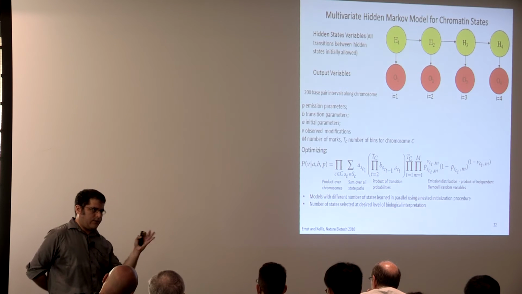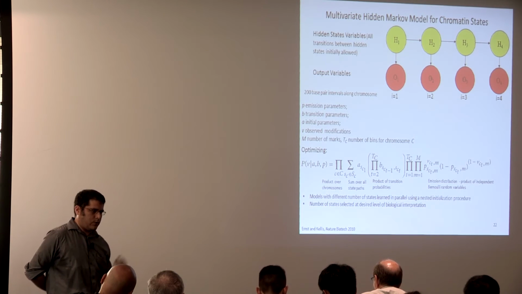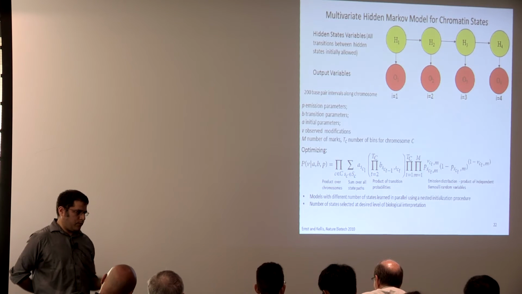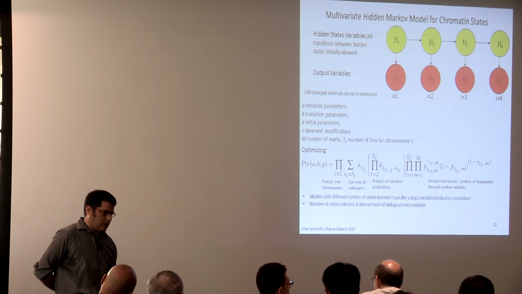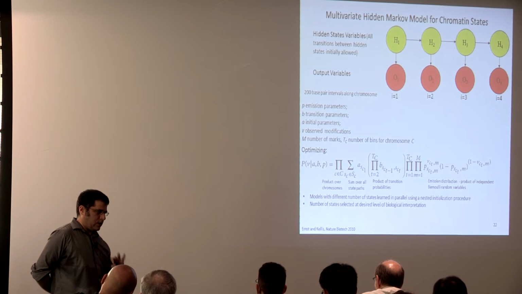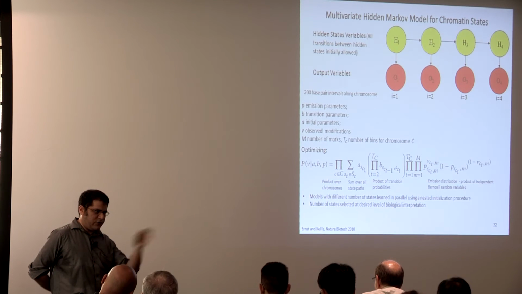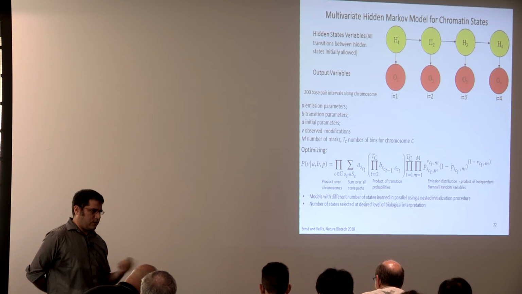For one given data set, it's not always the best number of states, because depending on the resolution of interpretation, in some analyses it could be better to use one number or a different number. But one thing I'll point out is that oftentimes you can identify specific states that have very clear biological interpretations only if you have a sufficient number of states in the model. So that can be one way to have very defensible lower bounds on the number of states that you're interested in.